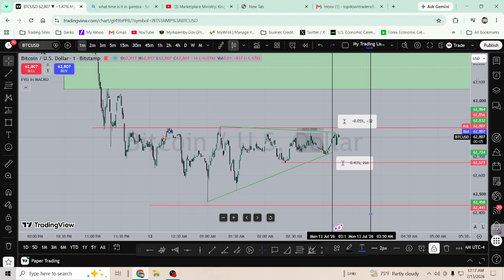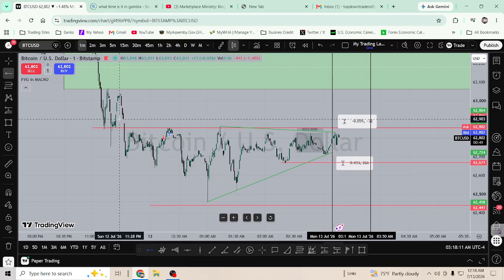Do you know what a liquidity void is? I see two liquidity voids at price, at 11:30:29 p.m. and at 11:33. So we might push up to 62,903. That would close one liquidity void.